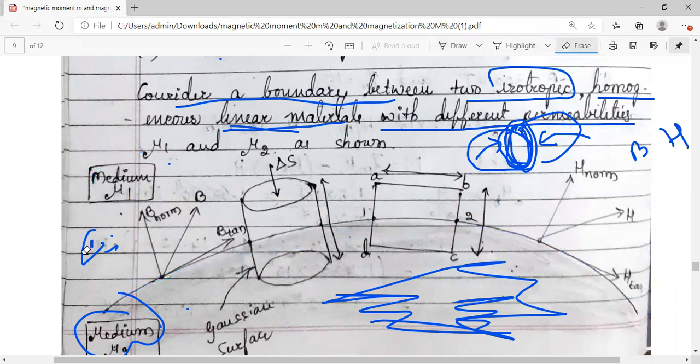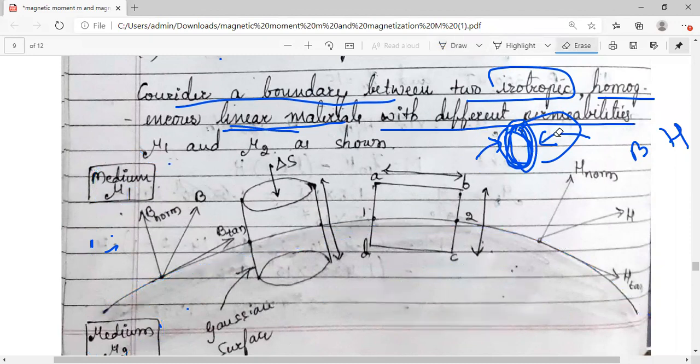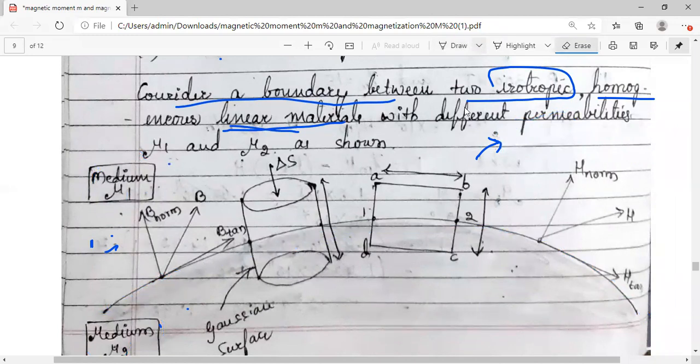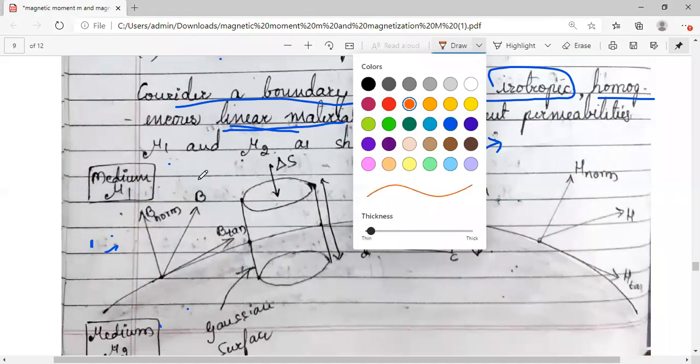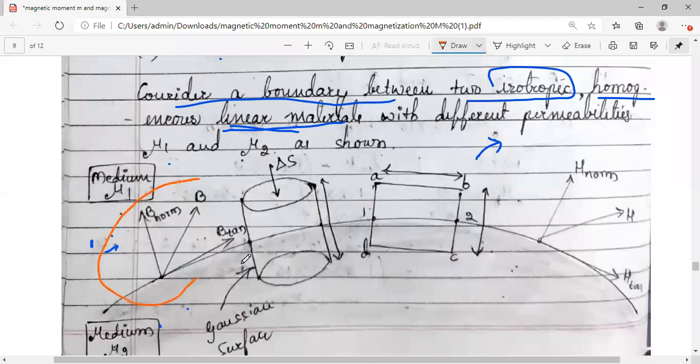Now, I'll highlight what is important for us. At the boundary, you can see B, which is traveling from one medium to another, will be resolved into two components. Similarly, H is also resolved into two components.